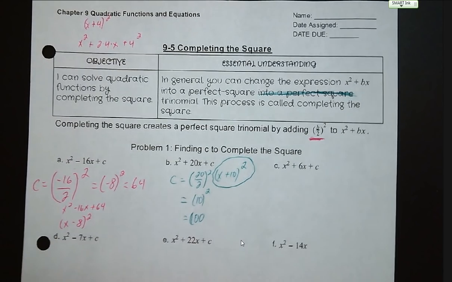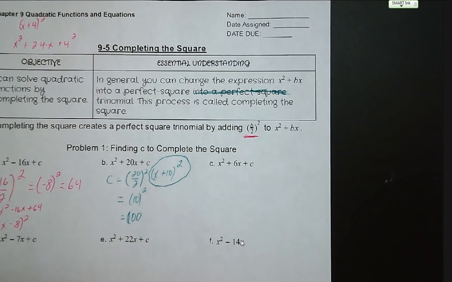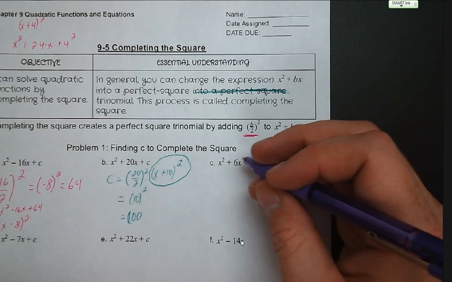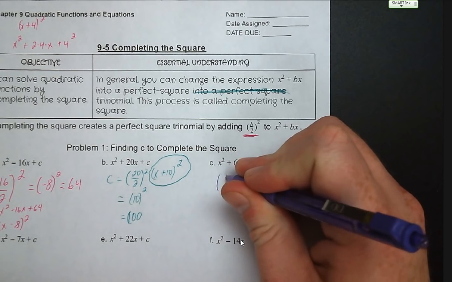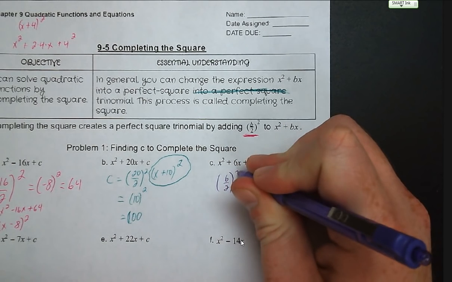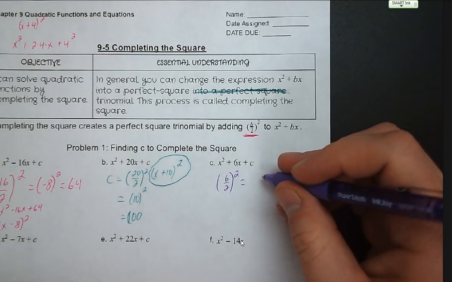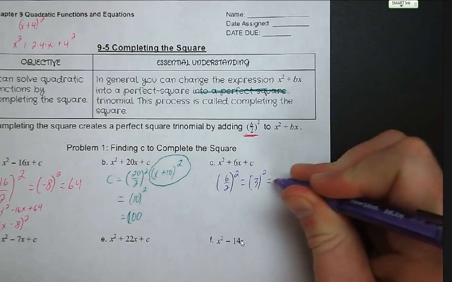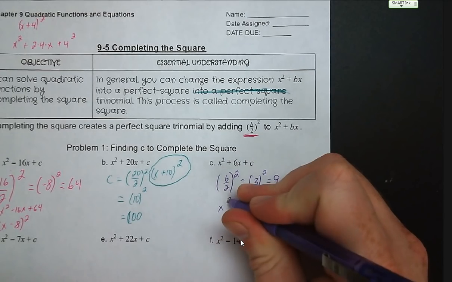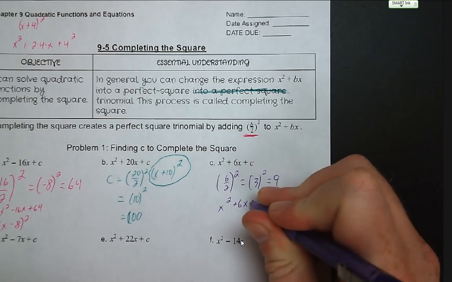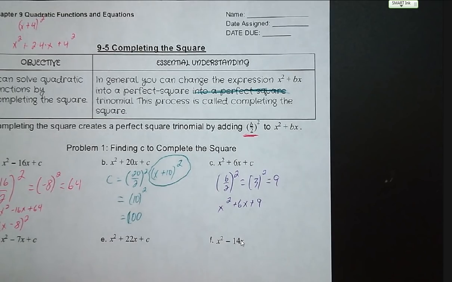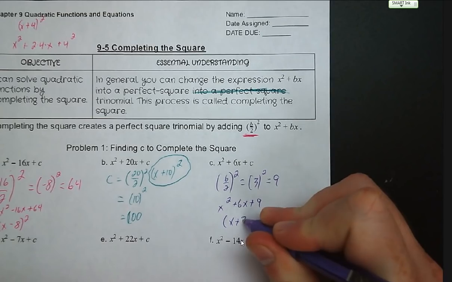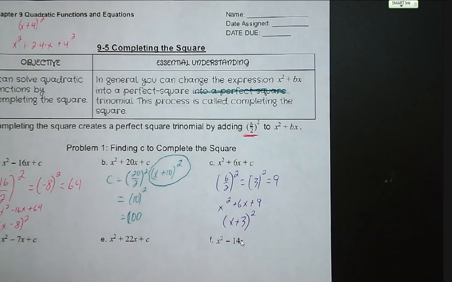Letter C, we have x squared plus 6x plus c, so we do the quantity 6 over 2 squared. 6 over 2 is 3. 3 squared is 9. So you have x squared plus 6x plus 9. And we can factor that, right? Perfect square trinomial, it's x plus 3, the quantity squared.